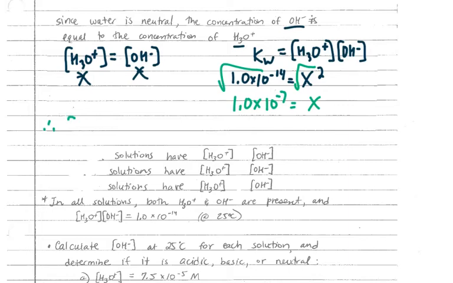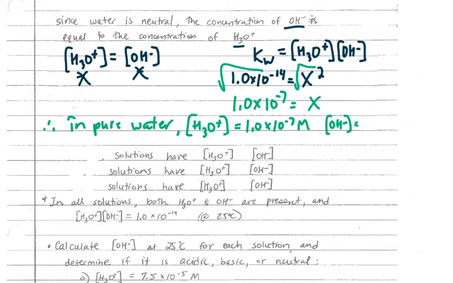In other words, in pure water, the concentration of H3O plus hydronium is 1.0 times 10 to the negative 7 molar, and the concentration of hydroxide is also 1.0 times 10 to the negative 7 molar.